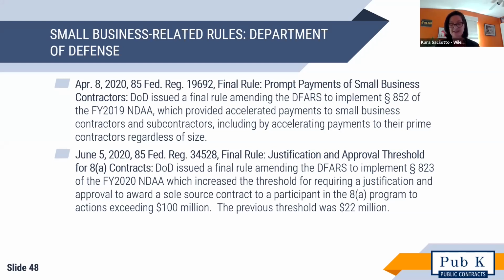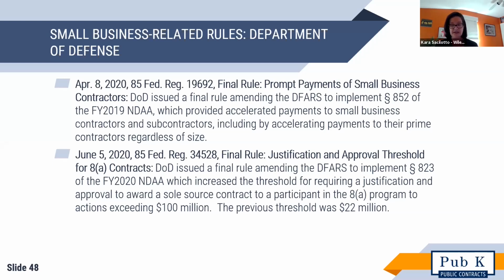But Section 873 of the fiscal year 2020 NDAA changed the rules a little bit, addressing accelerated payments and expressing a goal of payment within 15 days of receipt of a proper invoice. Interestingly, there is an open FAR case to prepare a proposed rule to implement the newer NDAA requirement, but there is no open DFARS case regarding it. So it's possible that this FAR case will supersede this DFARS rule.